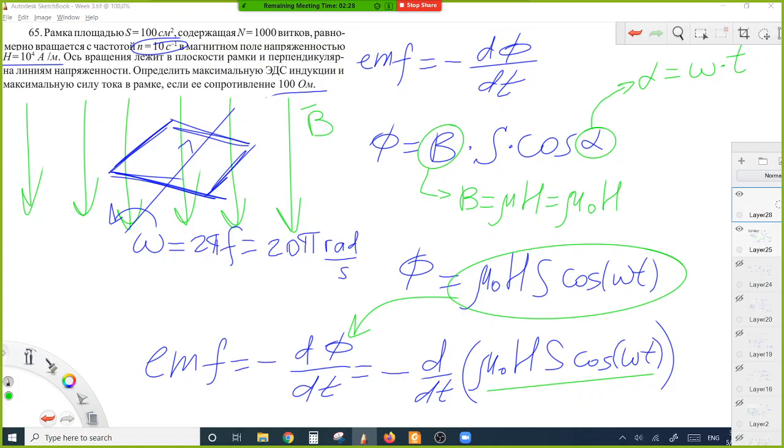For now, let me write here, and then I will erase. So the electric motive force will be equal to, mu 0, H, S are constants, that's why they go out of the derivative, and the derivative of cosine omega t is minus omega sine omega t. So omega sine omega t.